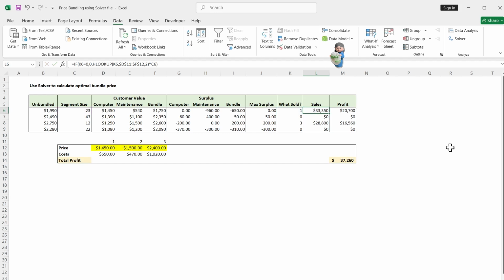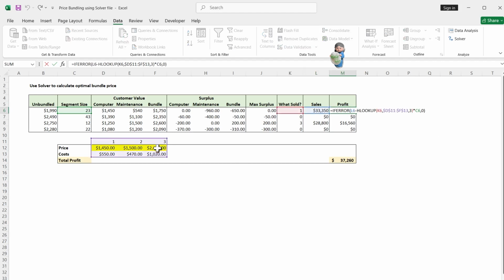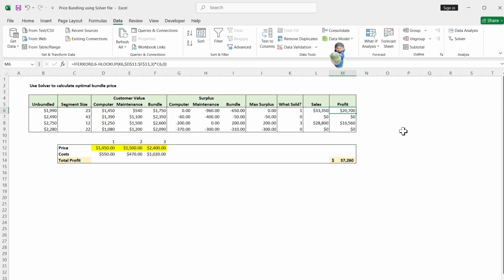And the profit is pretty much similar to sales, except that now it's going to look at the cost, and then take the sales minus the cost, which becomes the profit. So now let's look, total profit is only 37,000, because this segment, nothing sold. This segment, nothing sold, right?